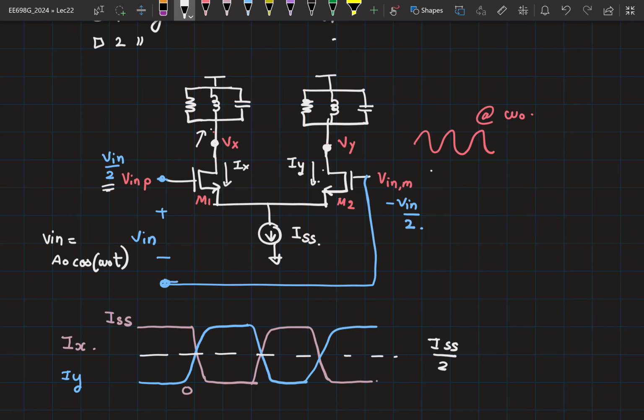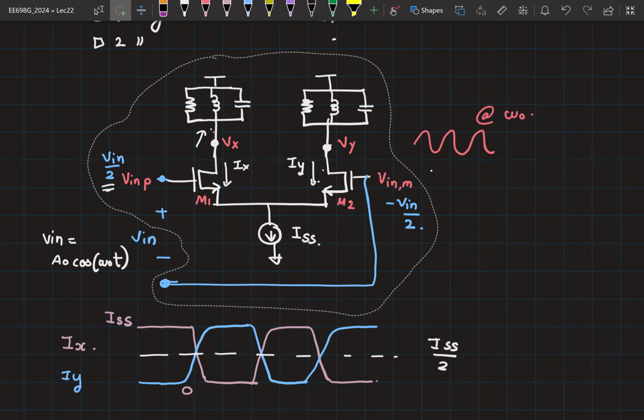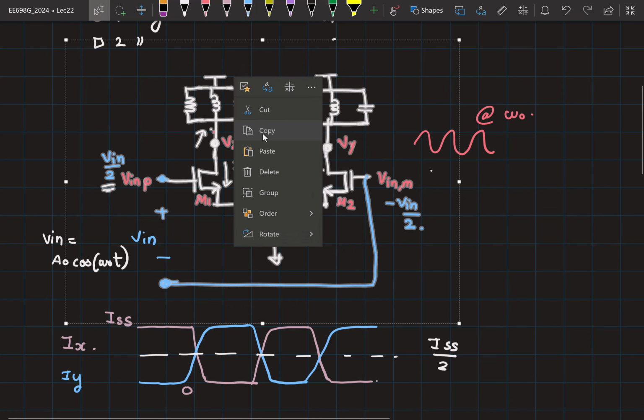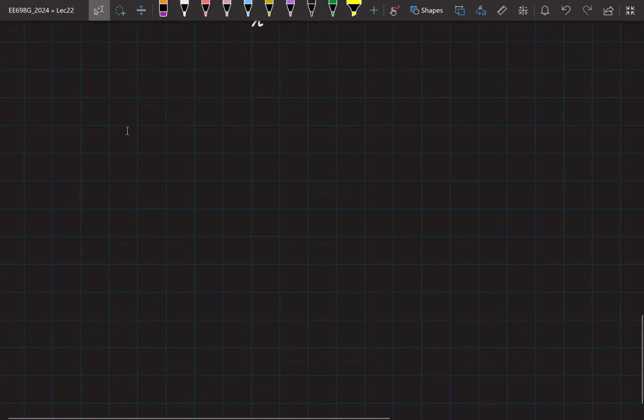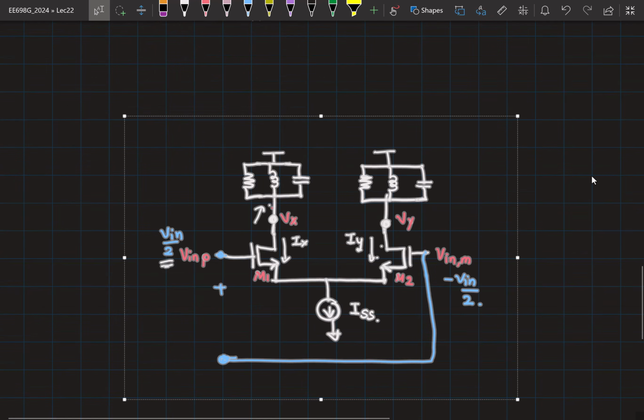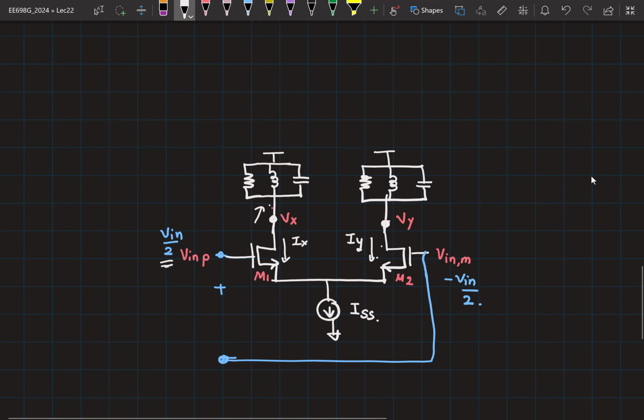Right. So now we take the circuit and connect it in feedback to see if we can generate an oscillation. So we start by taking 1 unit first.